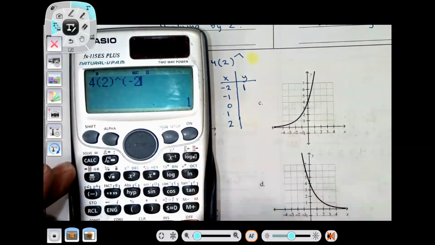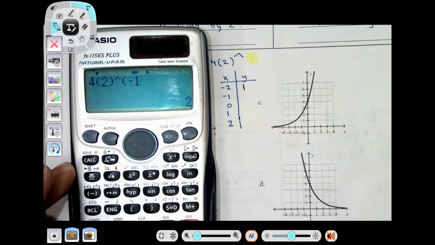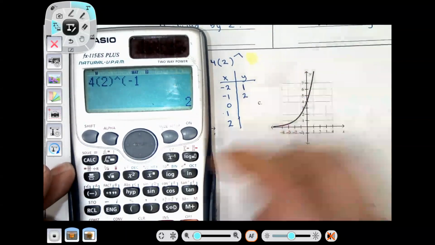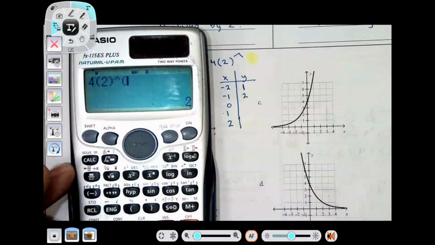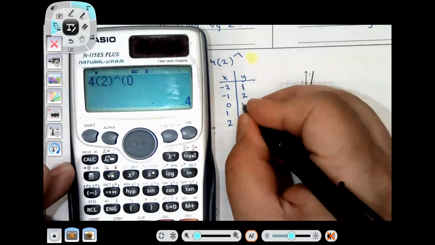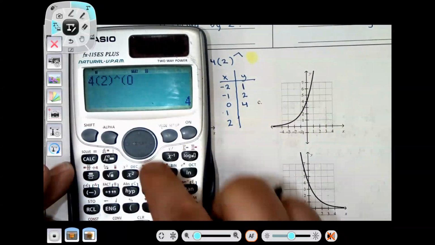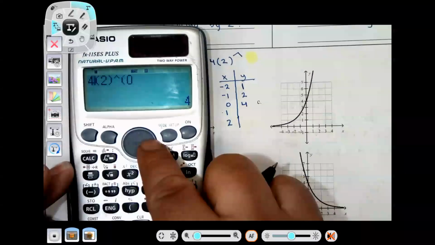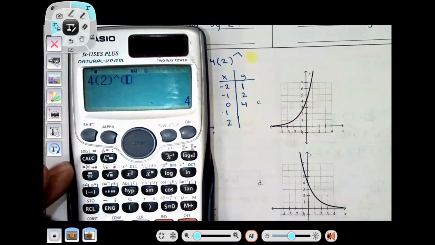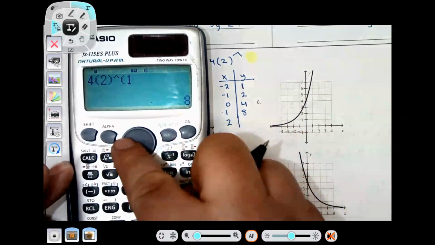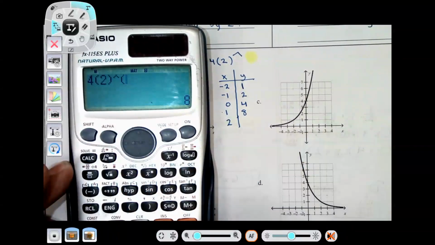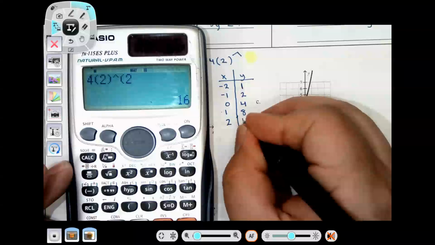I'm going to change that 2 to a -1. All right, so it's a 2. I'm going to go back up there, change it to a 0. So that's a 4. Change it to a 1. See, so we have an 8. And then I go up there and I change it to a 2 and I get a 16.